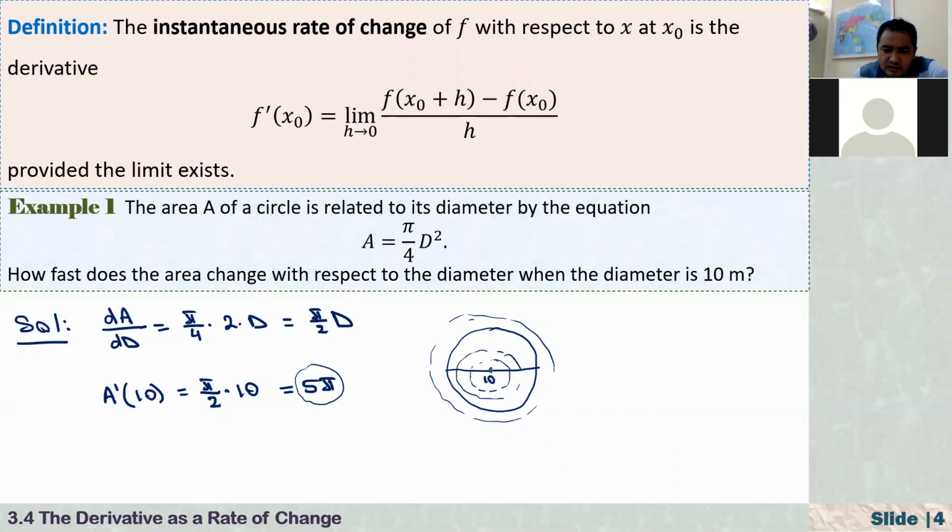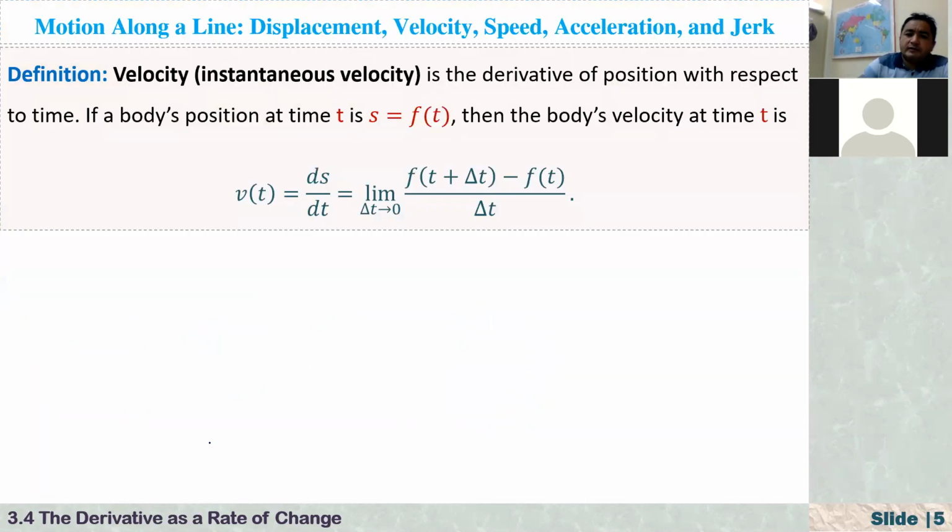So at 10, if I just keep the changing rate constant, let's say it stops changing, then 1 unit change in the diameter of the circle produces 5 pi change in the area of the circle. It means this.